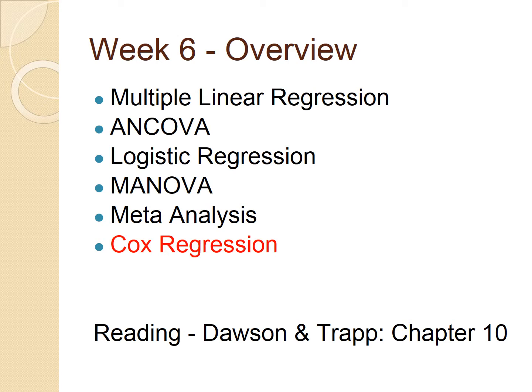We usually do MANOVA instead of a series of one-at-a-time ANOVAs for two main reasons. The first is to reduce the experiment-wise level of type 1 error, and the second reason is to assess if the combination of dependent variables produces a significant main effect.